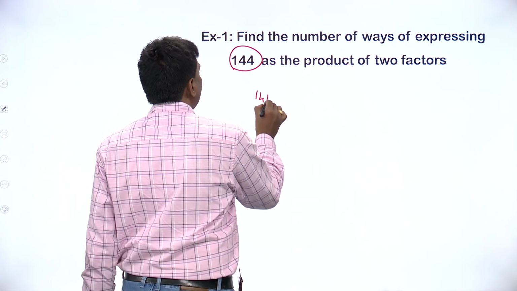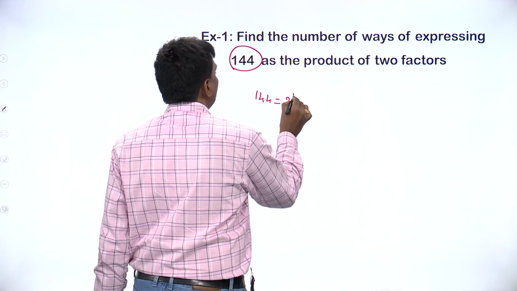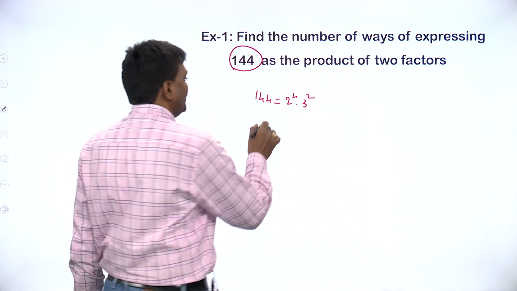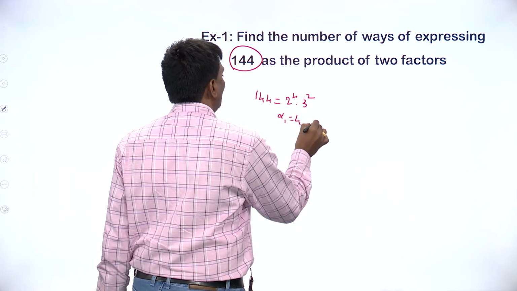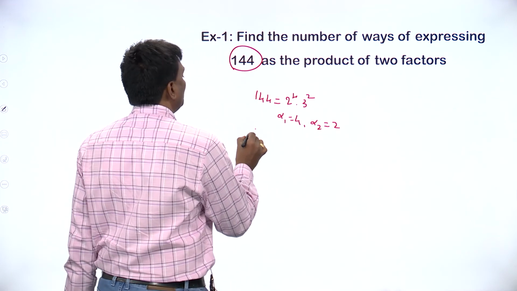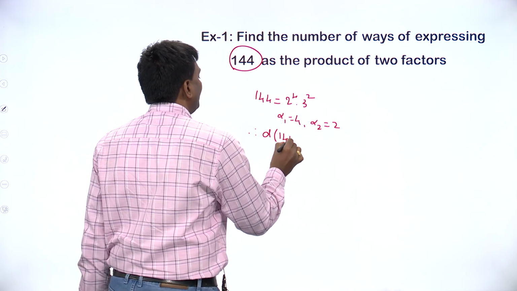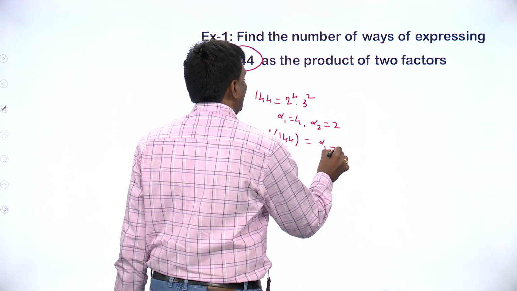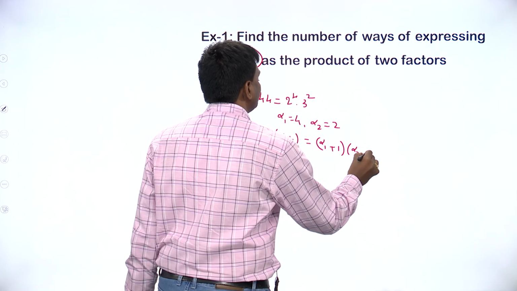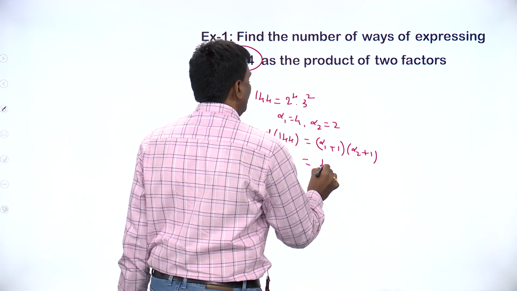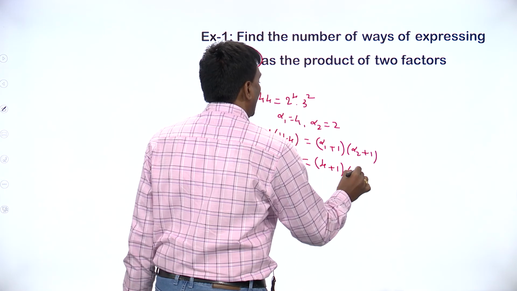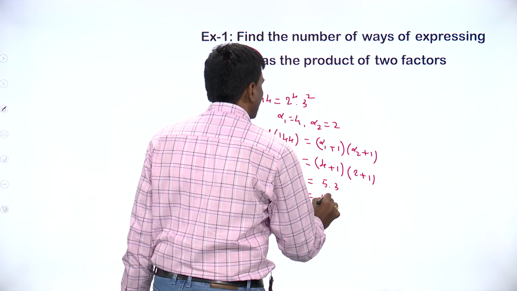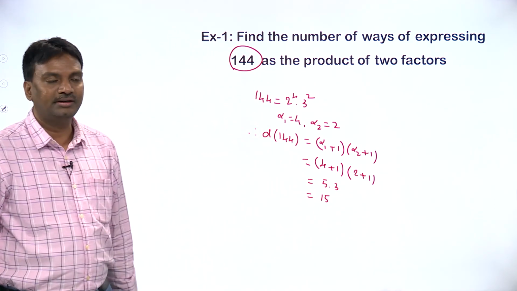Here 144 can be written as 2 power 4 into 3 square, 16 into 9, that is 144, where alpha 1 equal to 4, alpha 2 equal to 2. So, the number of factors of 144, that is d of 144, equals alpha 1 plus 1 into alpha 2 plus 1, that is 4 plus 1 into 2 plus 1. 4 plus 1 is 5, 2 plus 1 is 3, that equals 15.